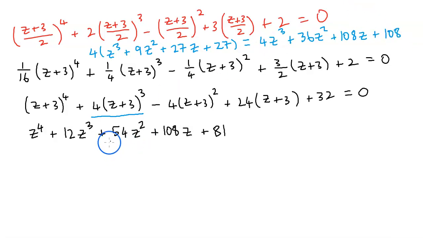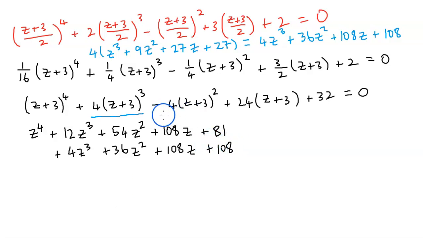Alright, so putting that back into our working, so we got 4z cubed, so still being added, plus 36z squared, plus 108z, and then plus 108.